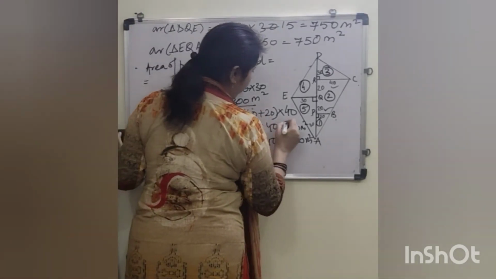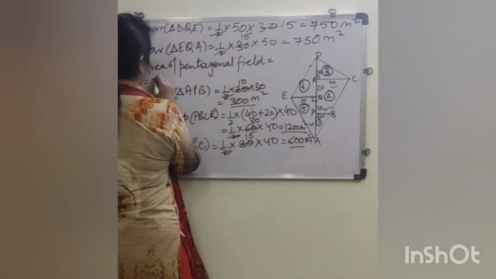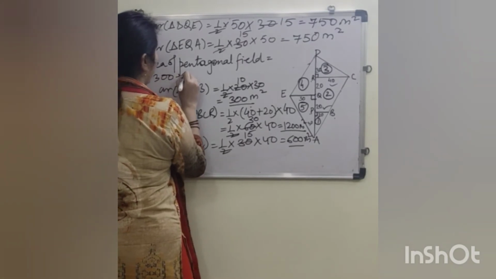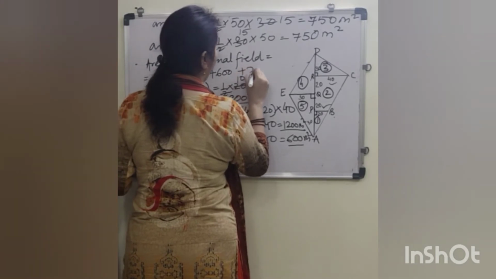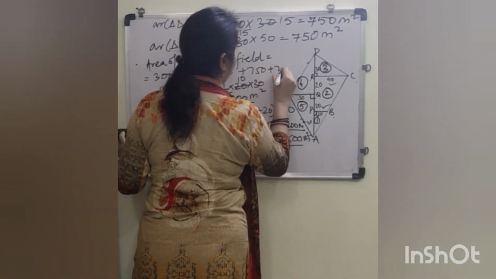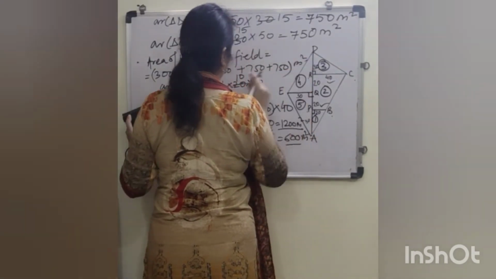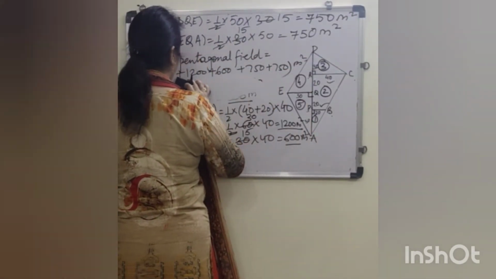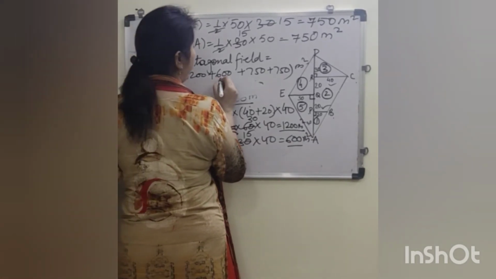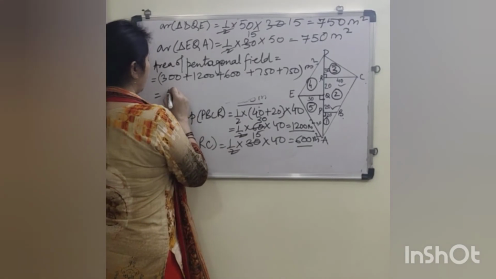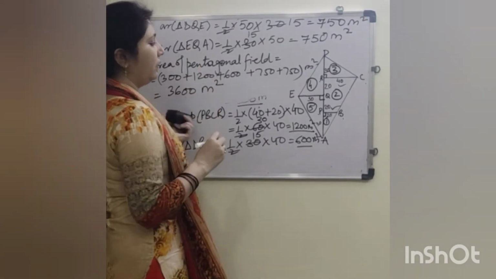So starting with 300 plus 1200, 1500, plus 600. Let's write 300 plus 1200 plus 600 plus 750 plus 750 in meter square. So the total area of this pentagonal field becomes 3600 meter square.